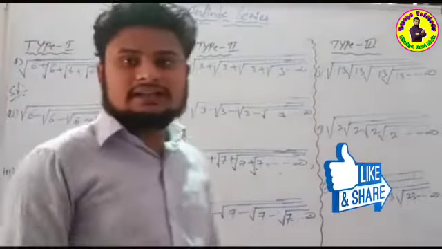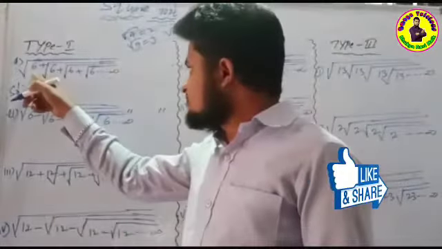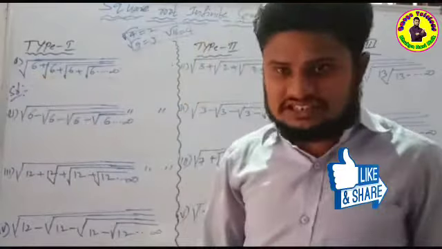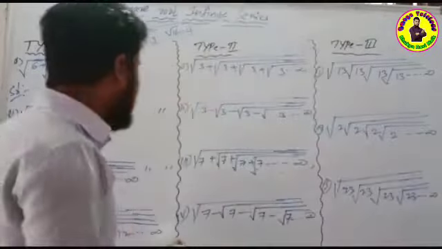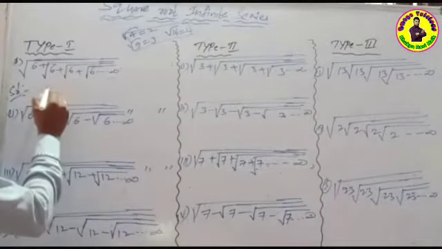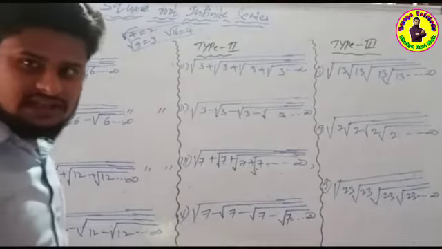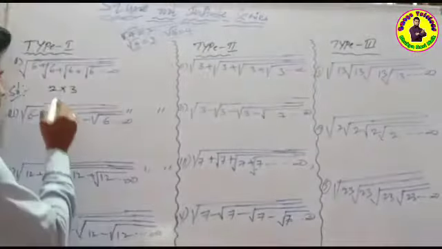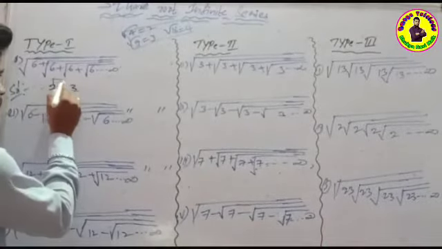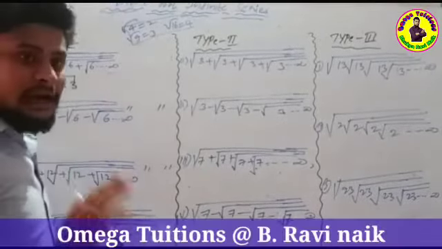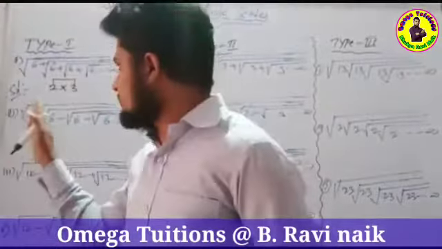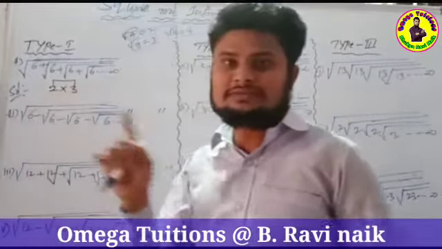So what are the factors here? Means 6, divisible by which table? First you should check. So 6 is 2 into 3. 2 times 3 is 6. And next, the difference between the two numbers: in a question like this, the difference must be 1.